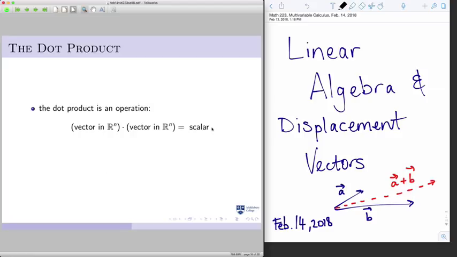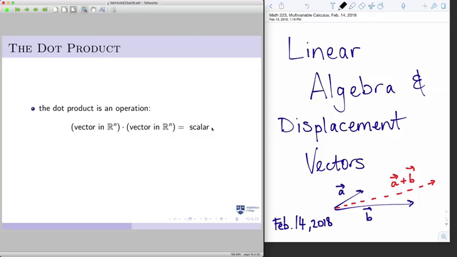So it's important to remember that the dot product is an operation which takes in two vectors, and these two vectors have to be of the same size, they have to live in the same vector space, and the output is a scalar. This is quite different from what you've normally seen when you take products of numbers, because when you take a product of numbers, you take two numbers, multiply them together, and you get back another number.